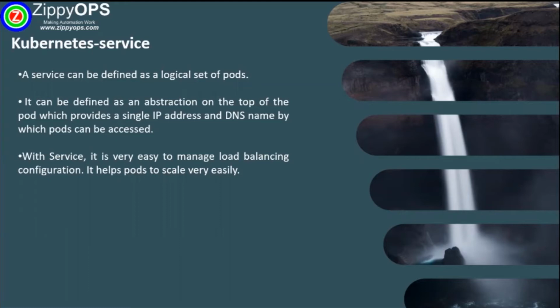There are two ways you can expose a service. One is called an internal service, and another one is called an external service. Internal service means within the Kubernetes cluster, I will be able to communicate with the service.